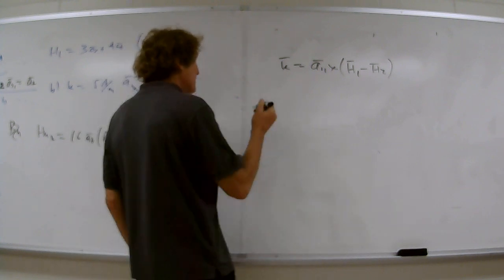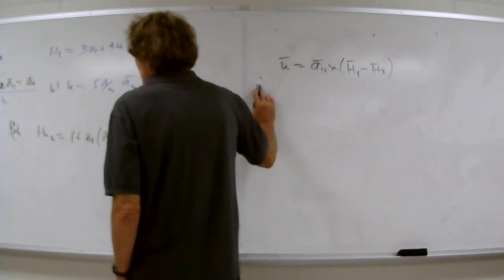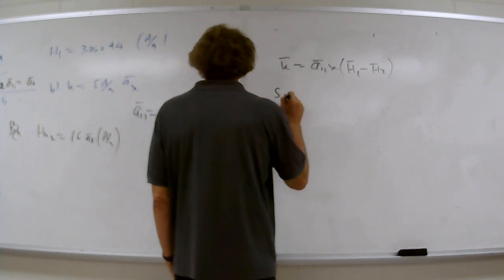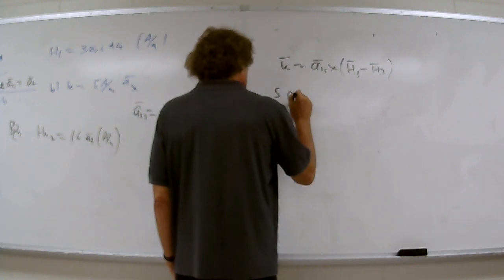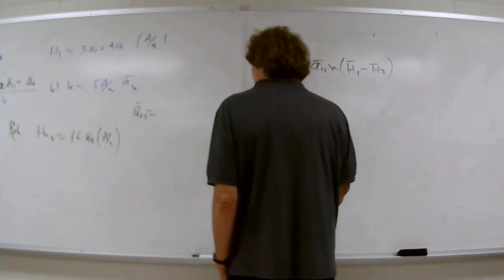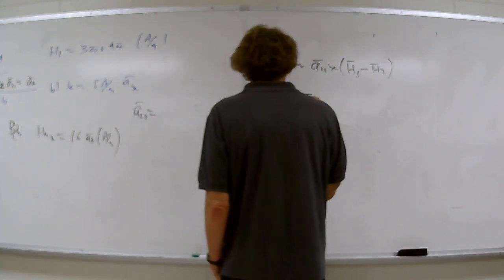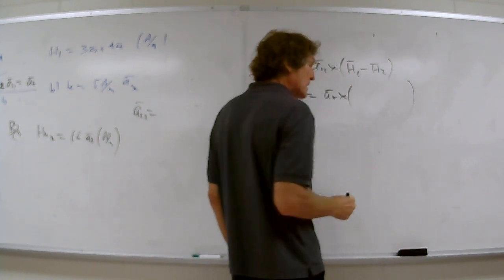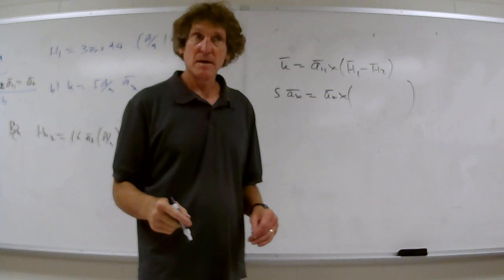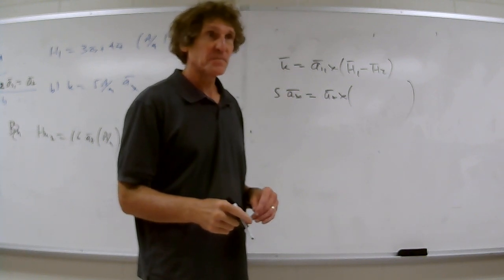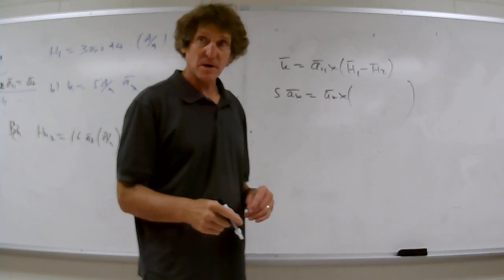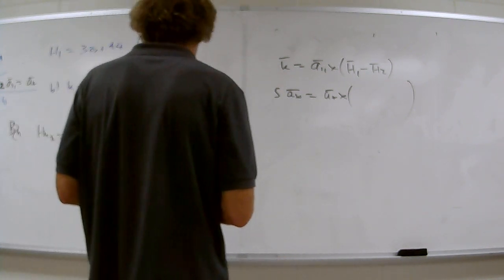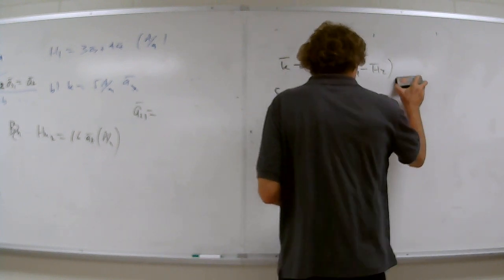So surface current vector here is 5AX. Just leave this there. That's equal to A21, which is going to be AZ crossed into, and here, just going to make sure you see this. I've got the H field in region 1, correct? The H field in region 1 is given as 3AX plus 4AZ. So let me just write this.